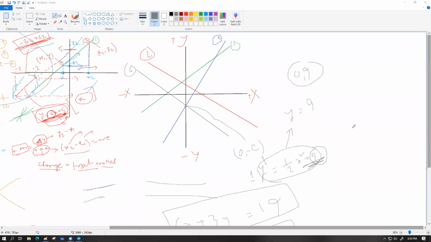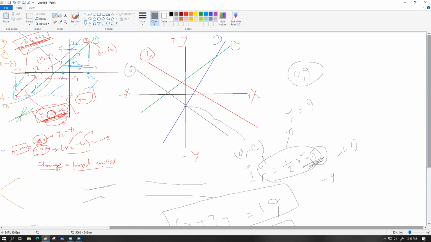If this number is a positive 9, it means it will cut through the y-axis at location 9. If it is minus 9, it will be minus 9. If it is, let's say, minus 4.33, it will cut across the negative y-axis at minus 4.33, and so on and so forth.